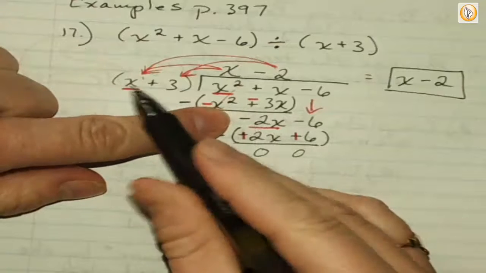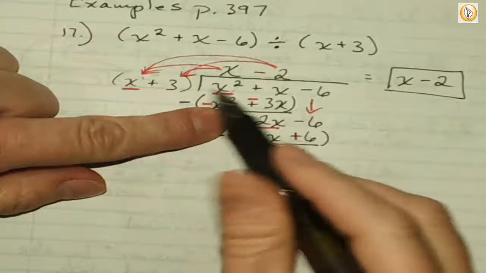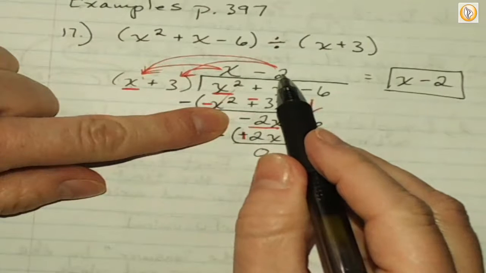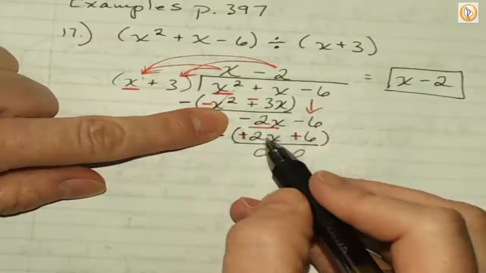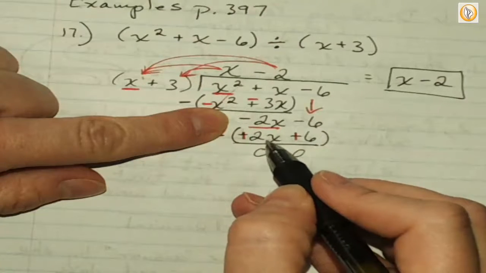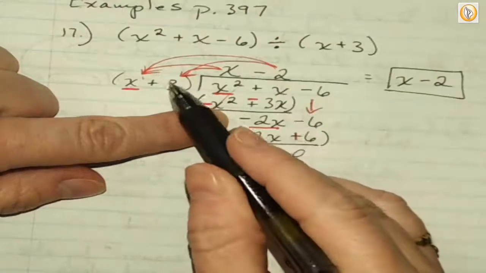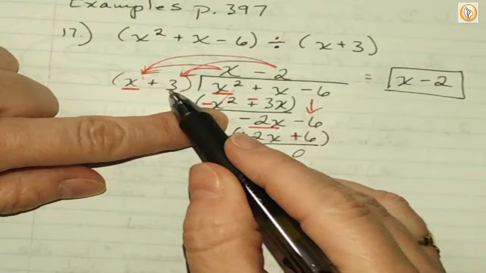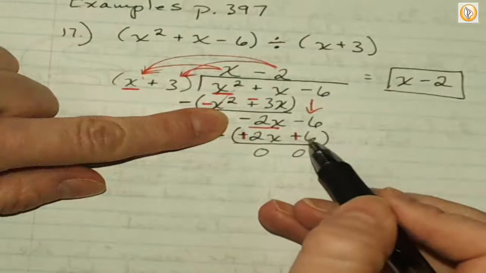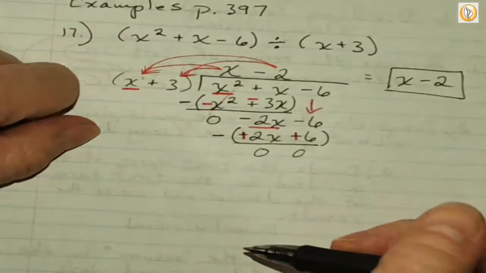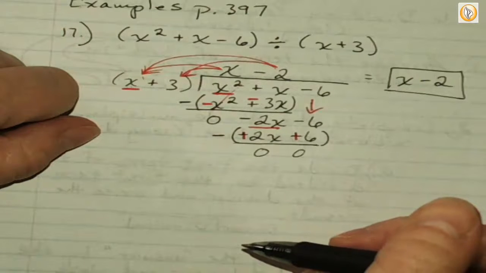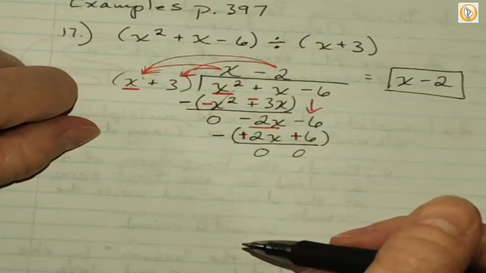We're using this. Negative 2x divided by x is negative 2. So then we multiply negative 2 times x. It goes right underneath, just like in regular long division. Negative 2 times 3 is negative 6, so we line up our stuff. Okay? Any other questions?